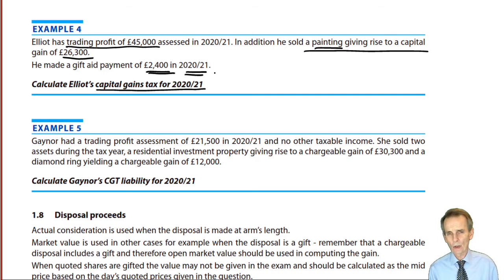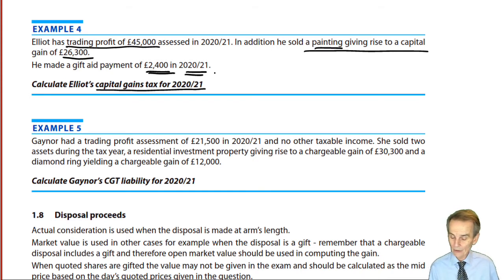It would also be true had I said personal pension contributions paid of £2,400. We must gross those up times 100 over 80, grossing up for the basic rate of income tax of 20%. And that then would extend your basic rate band.